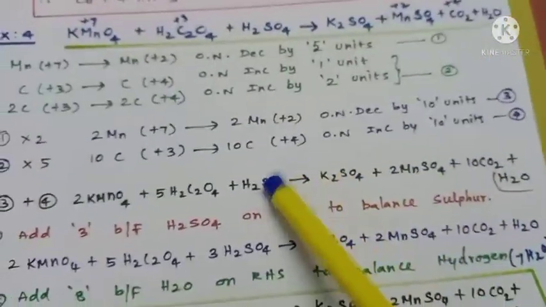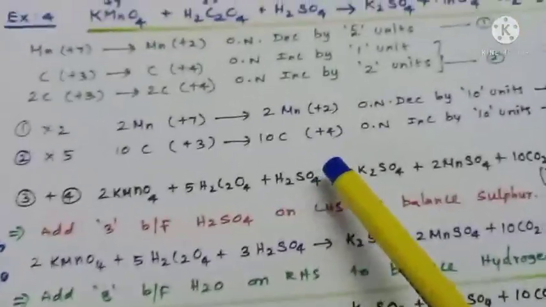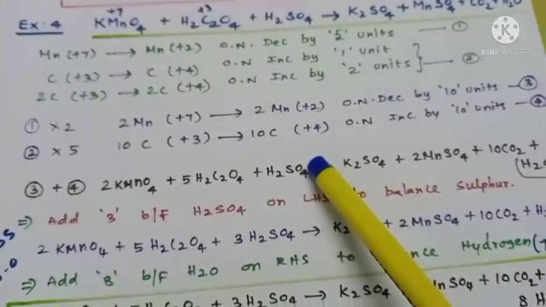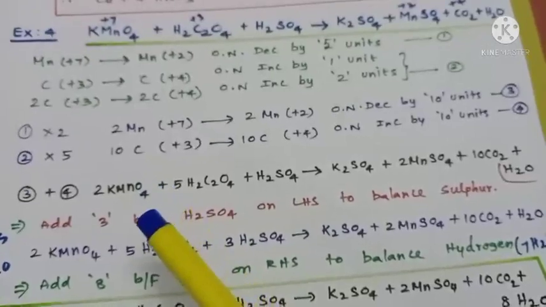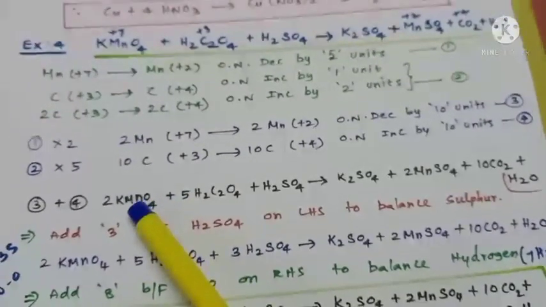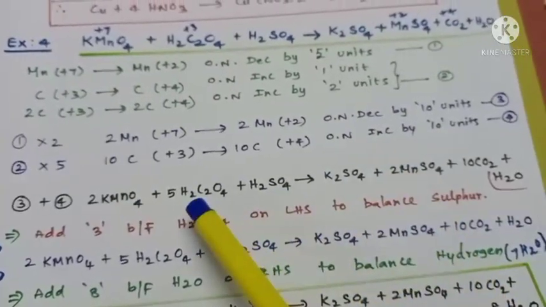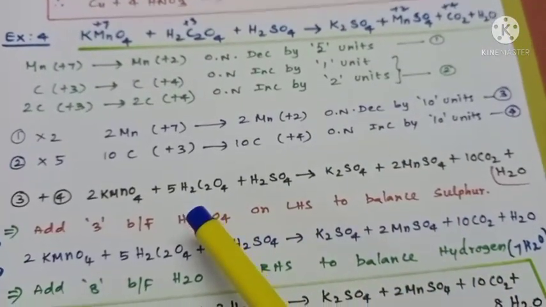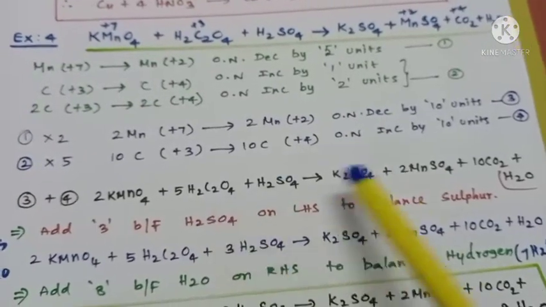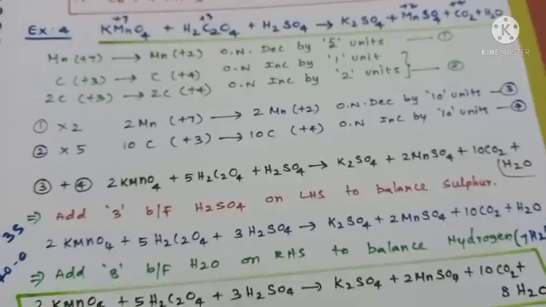Now in this equation, the number of electrons lost and gained are equal, or the oxidation number increase and decrease are equal. Now just check the atoms reduced and oxidized. Manganese is reduced 2 times on the left side, and the right side has the same number. Carbon is getting oxidized, 10 on the left side, 10 on the right side. So they are balanced. Now you can go for other atoms.